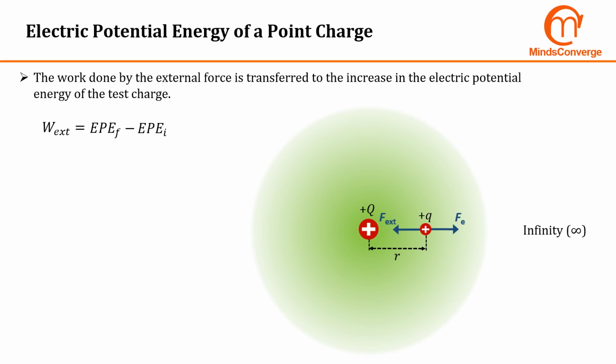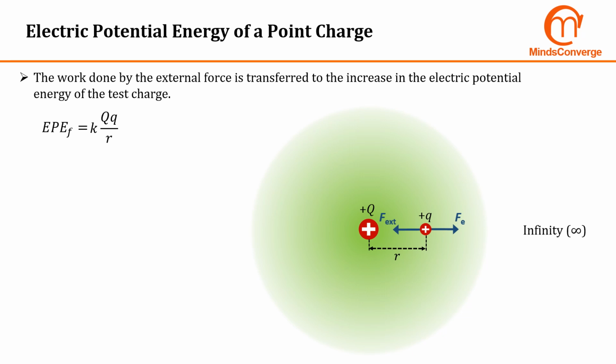The initial electric potential energy of the test charge at infinity is taken to be zero. Then, the final electric potential energy at the distance r from the source charge is equal to the work done by the external force. From the previous lesson, we've learned that the work done by the external force equals k times the product of the source charge and the test charge over r.